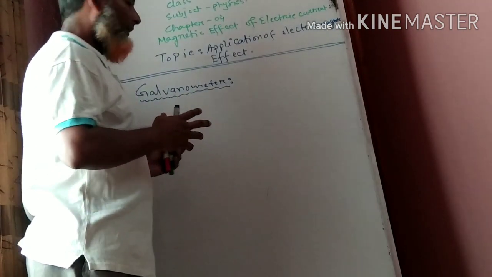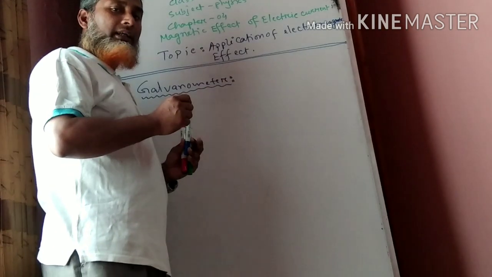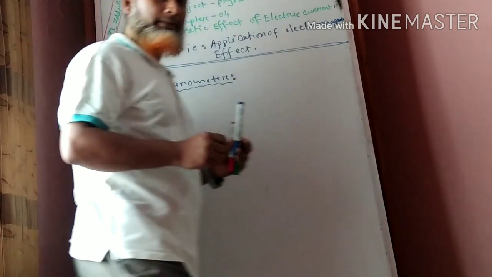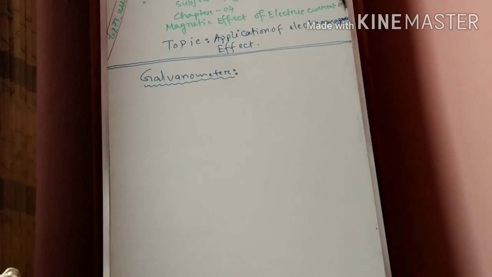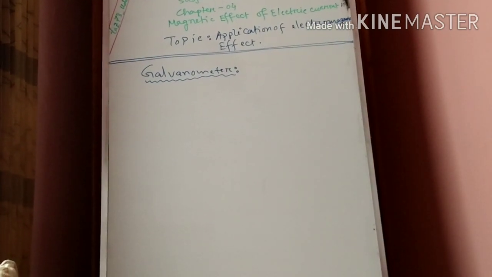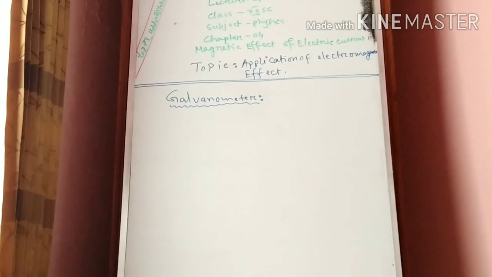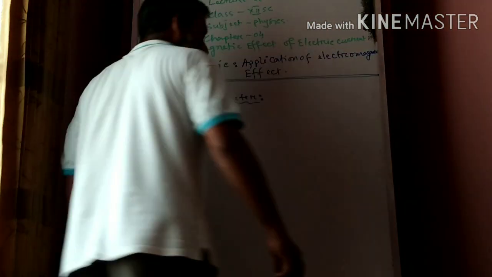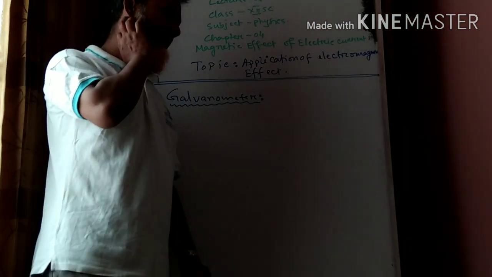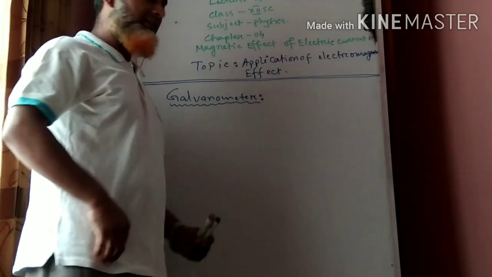That's why when a needle is attached to that coil, the coil is deflected. So when the coil is deflected, we can get the idea how much electricity is passing through the device.